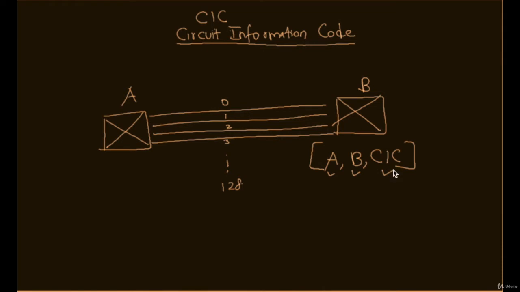What this means is, if A is connected to C also, then it can have the same number of CICs over there.